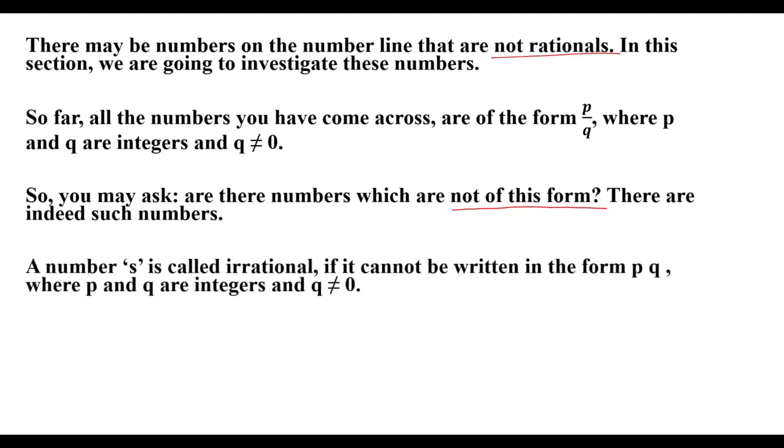Yes, there exist some numbers which cannot be represented in the form of p by q. These types of numbers are known as irrationals. So in this section we will discuss irrational numbers.